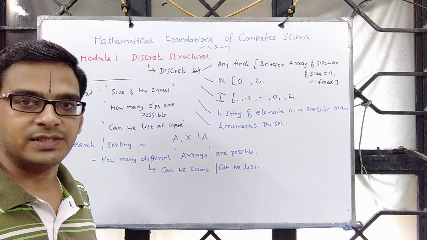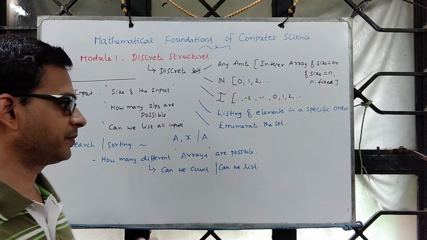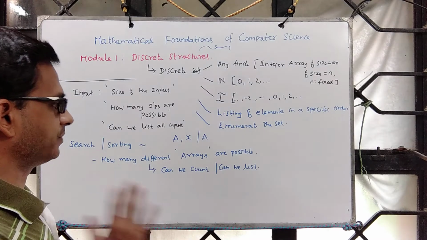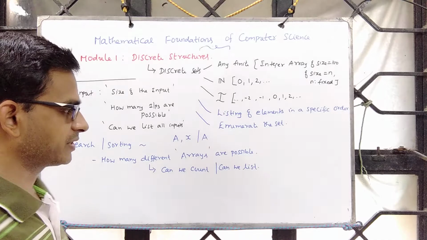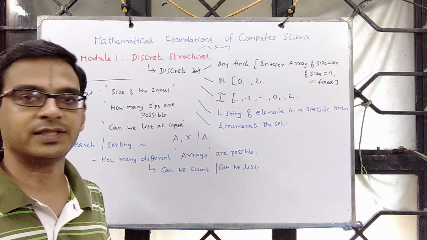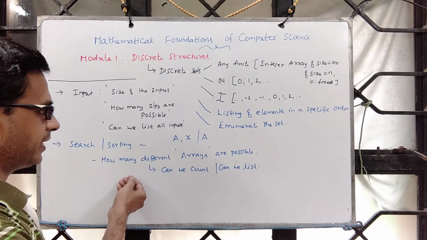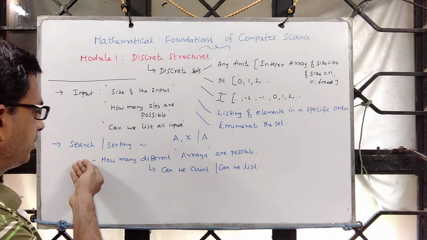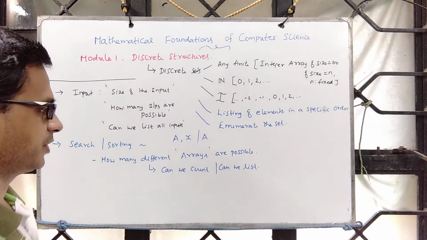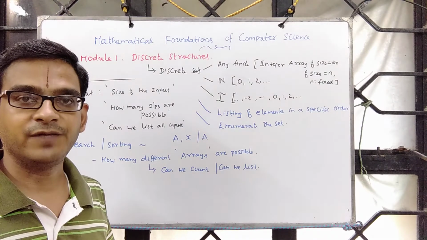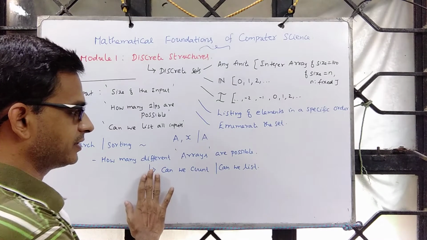And we don't just study set as a set or mathematics just as a mathematical tool or a subject. We also talk about its connection to computer science or where exactly such a set appears in computer science. One such immediate application is when we talk about search and sorting, we ask how many different arrays are possible, can we count, can we list. So we come across these sets in computer science.